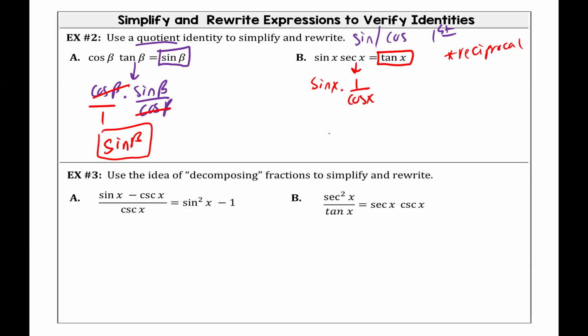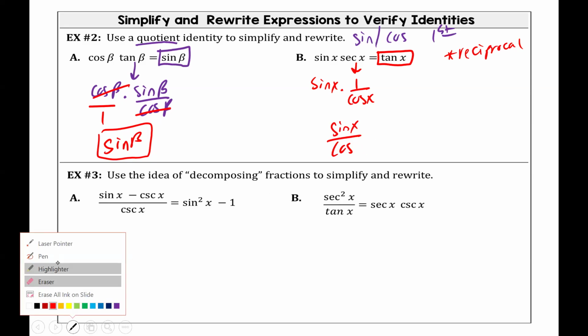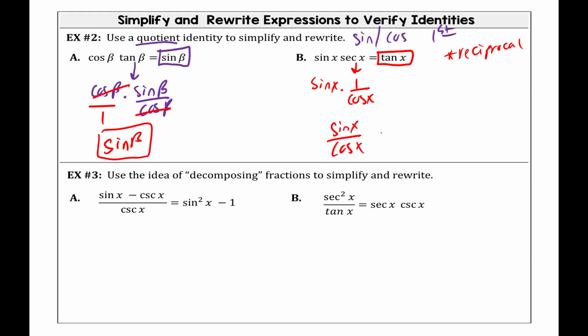Then you multiply these two together, and what do you get? Sine x over cosine x. And what does sine x over cosine x equal? Tan x. Did I come down to the end game? I did.